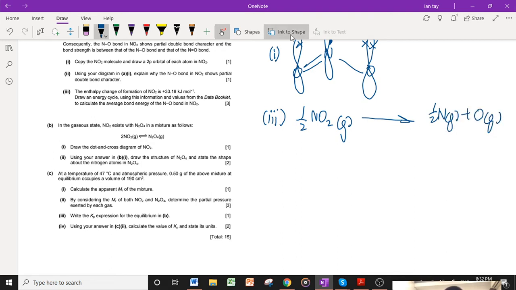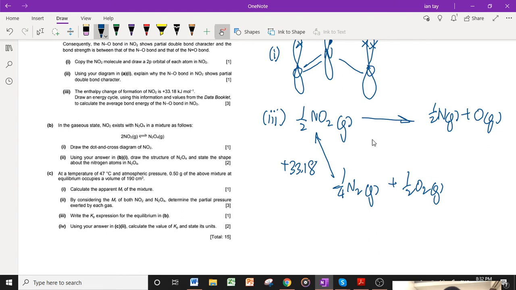Half a mole. And so we take a look at how we can complete this energy cycle using the enthalpy change of formation of NO2. If you agree with me that this is the enthalpy change of formation of NO2, which is a gas at room temperature, standard conditions basically, then the standard enthalpy change of formation of NO2 is plus 33.18 kilojoules per mole.